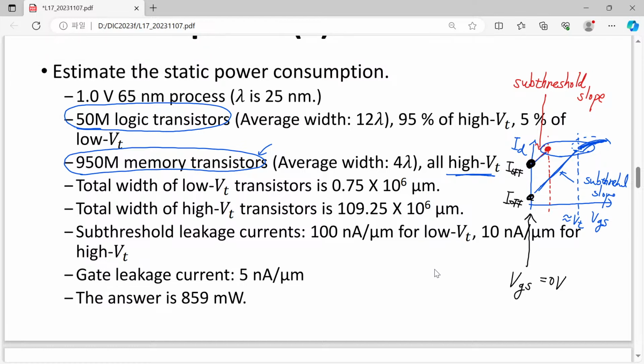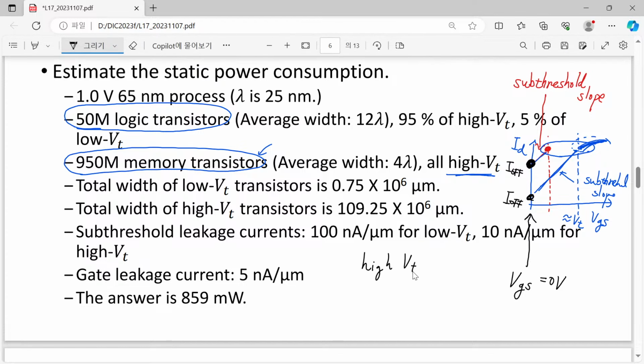So simply speaking, high VT corresponds to low I-off current. On the other hand, relatively low VT corresponds to relatively high I-off current.